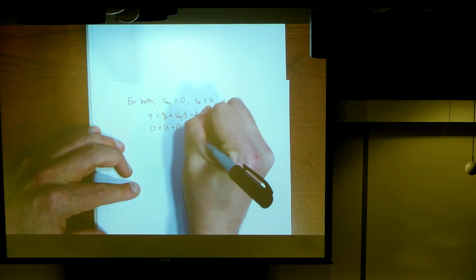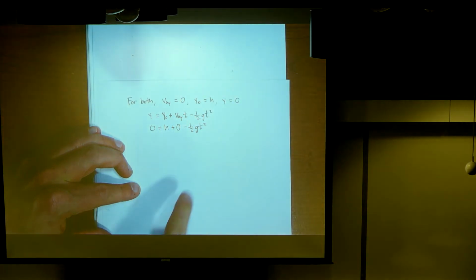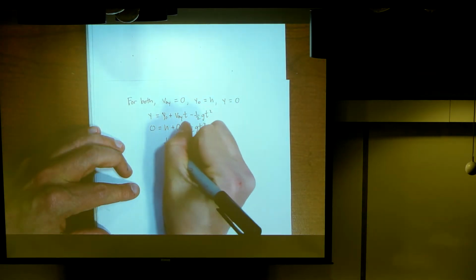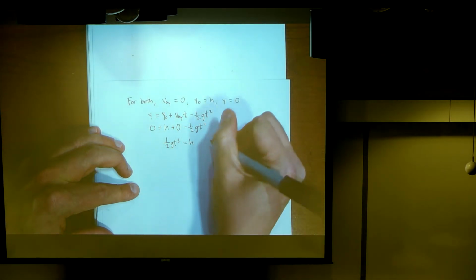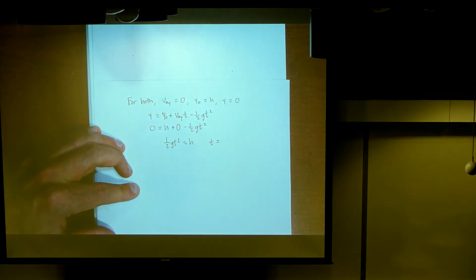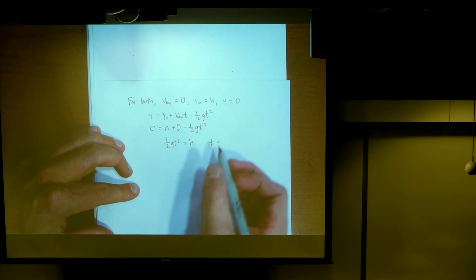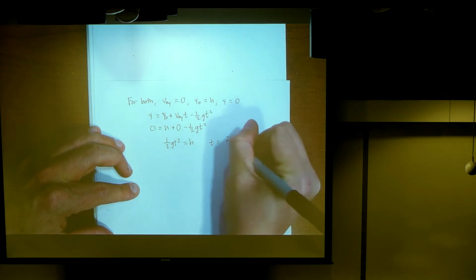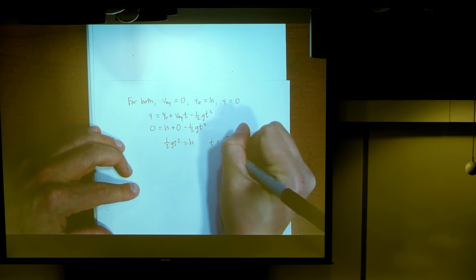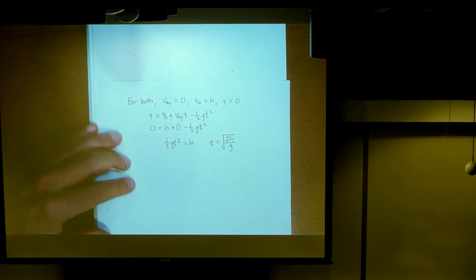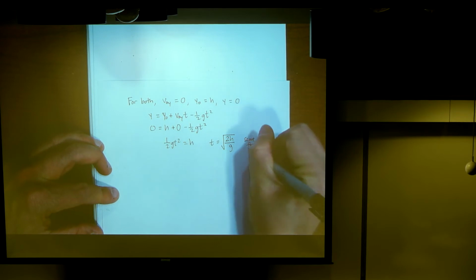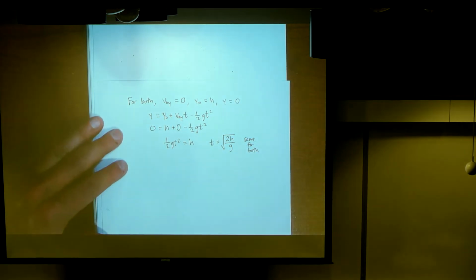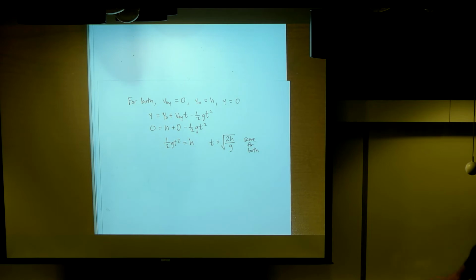And then I have a half g t squared. So I have then a half g t squared equals h. And then t, the time it takes to hit the ground, if we just solve for it here, would be the square root of 2h divided by g. And this, of course, is the same for both. Okay, so in this situation, they take the same amount of time to hit the ground.